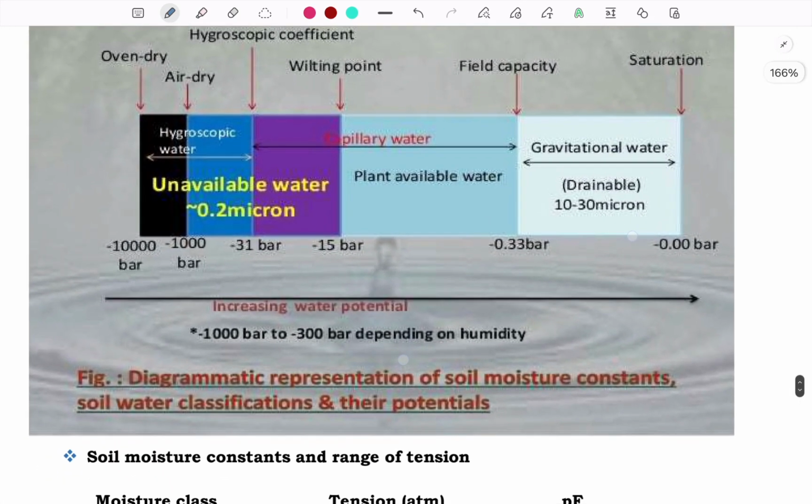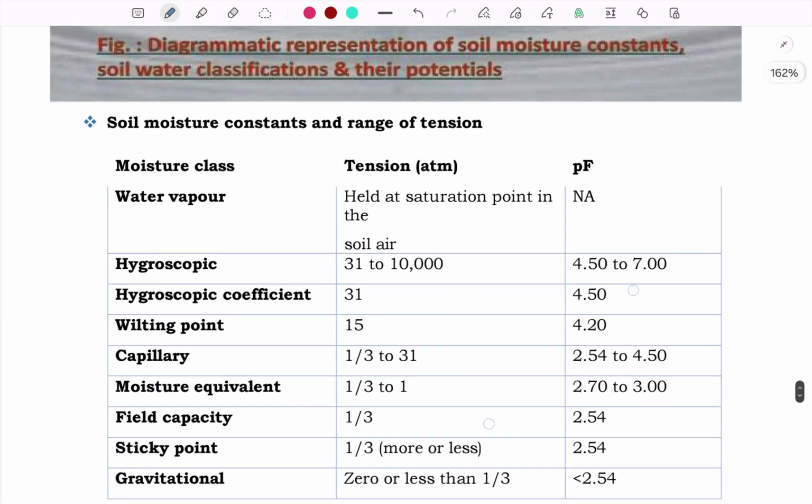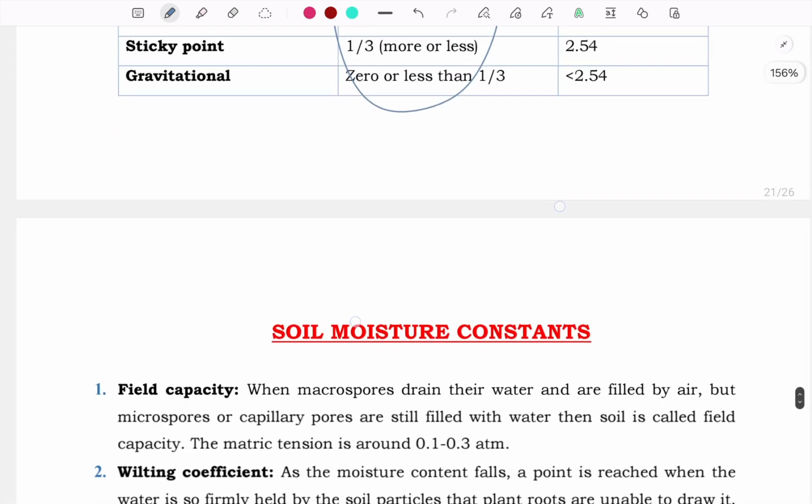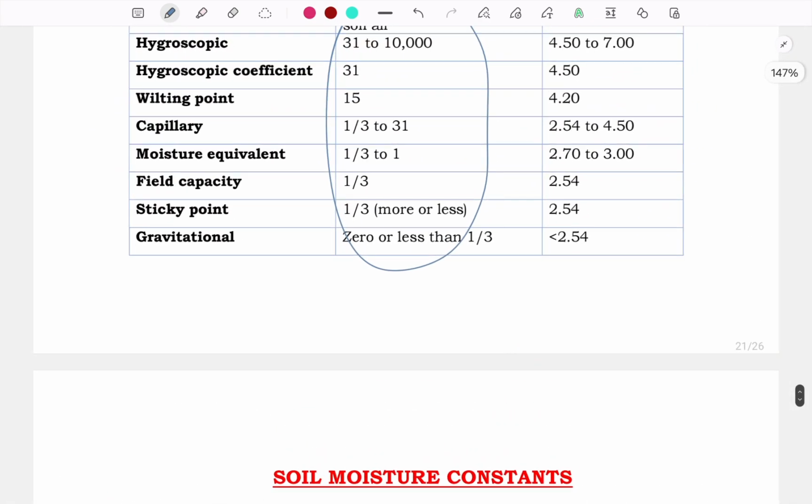You go through this diagram. We have already discussed this: at what tension, at what potential, different kinds of water are available to the plant, and different kinds of soil water are held at what tension, potential.